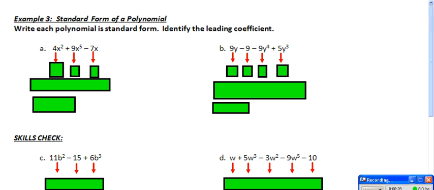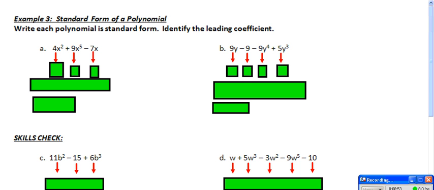The last portion of our assignment here, and you have actually been introduced to this before, is that there is a way you normally write these terms out. Normally you just focus on if it's positive or negative, but we should get in the habit of writing our polynomials in standard form. And here's how you write polynomials in standard form.